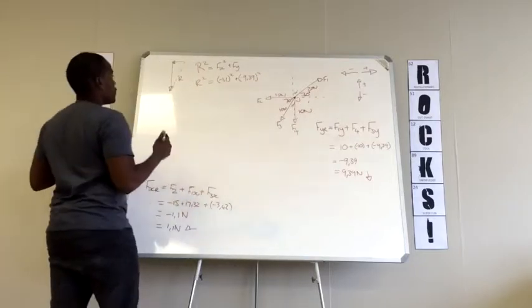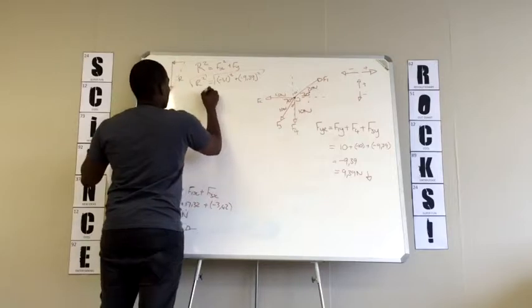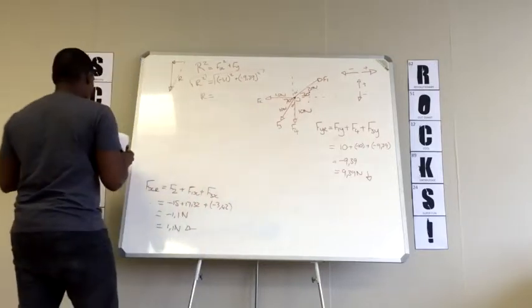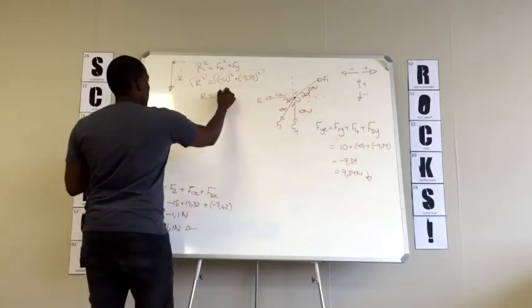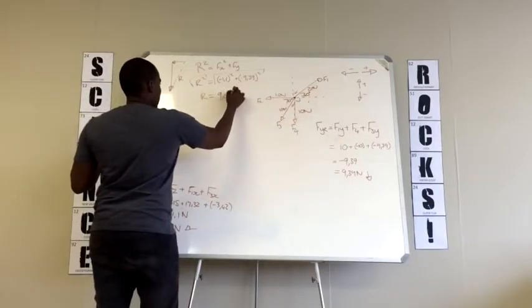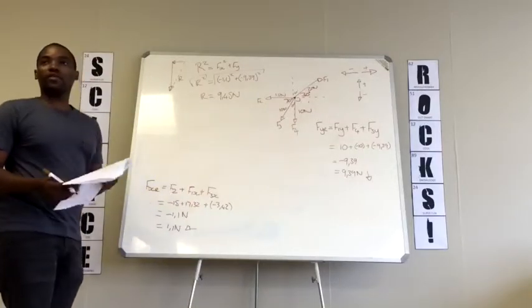And then to find R, we need to just square root this. If you put that in your calculator, you should end up with 9.45 newtons. Give me a yay if you get the same answer.